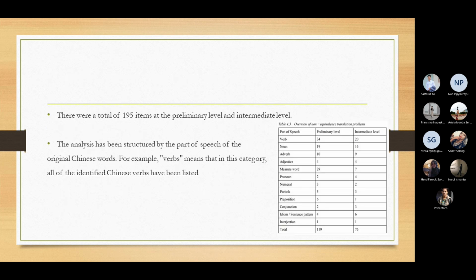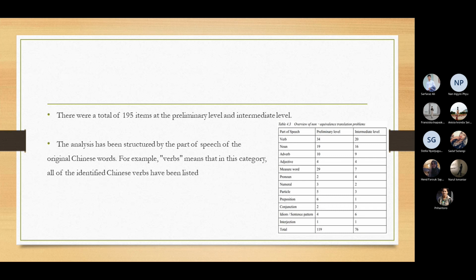So you can see here the figure of the overview of non-equivalence translation problems, and the figure of those nouns, verbs, pronouns, adjectives, particles, prepositions, conjunctions, and these are measured at both the preliminary level and intermediate level. So the 195 items at the preliminary and intermediate level are identified.